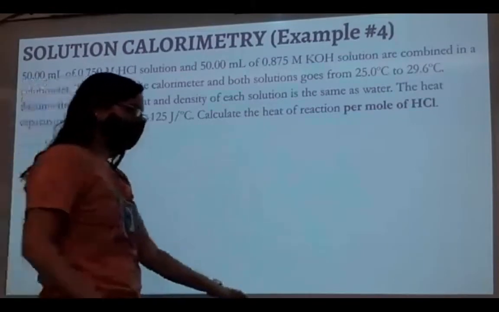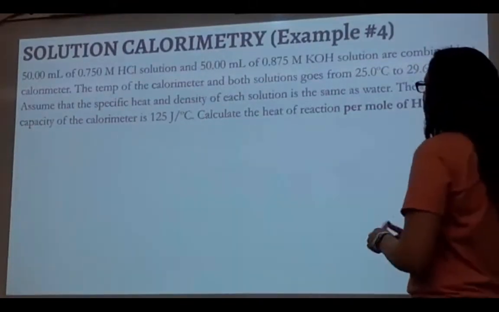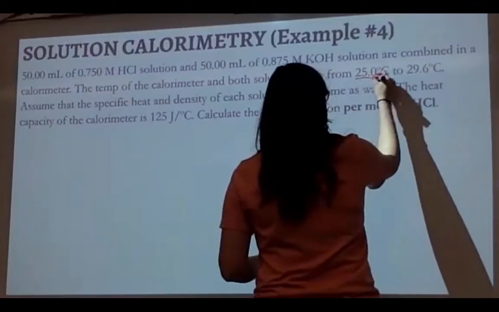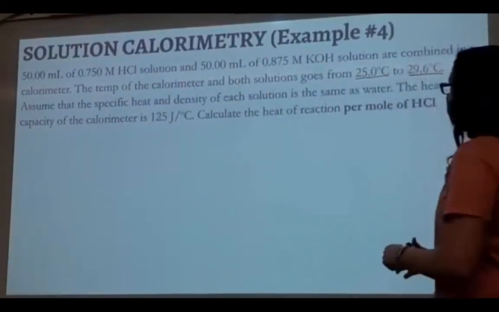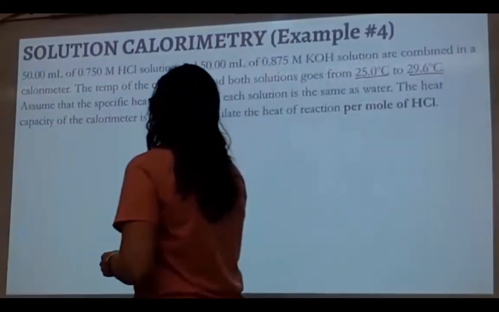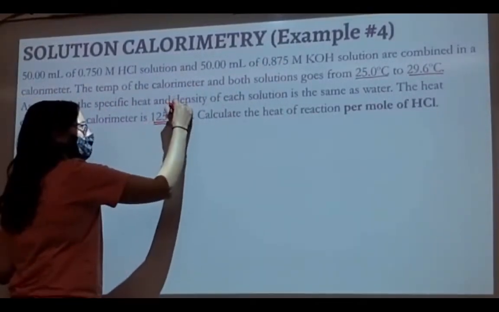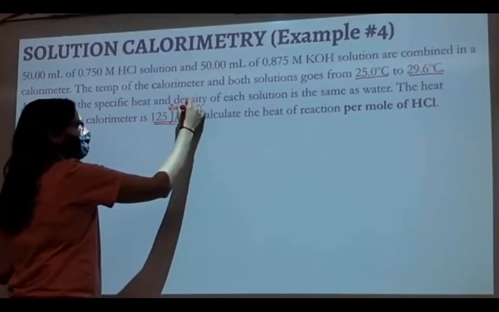But if you didn't have that, it tells us that we're mixing two things in a calorimeter. The temperature of the calorimeter and both solutions goes from 25 degrees to 29.6 degrees Celsius. Assume the specific heat and density of each solution is the same as water. Then the heat capacity of the calorimeter. All right, so they give us the heat capacity of the calorimeter. That means I have to take into account Q cal.